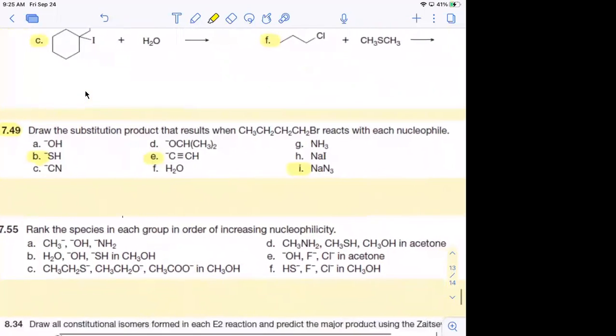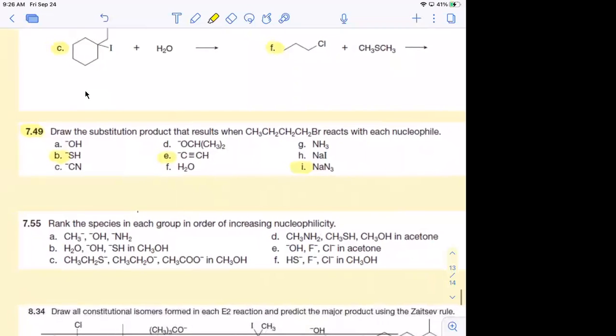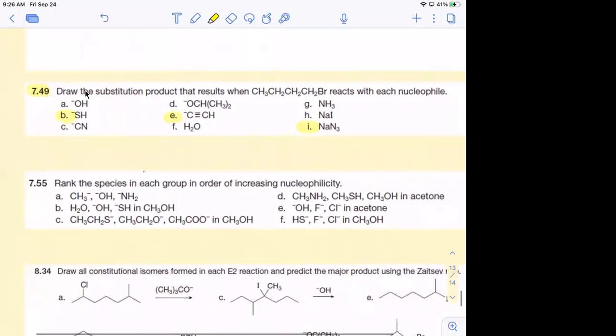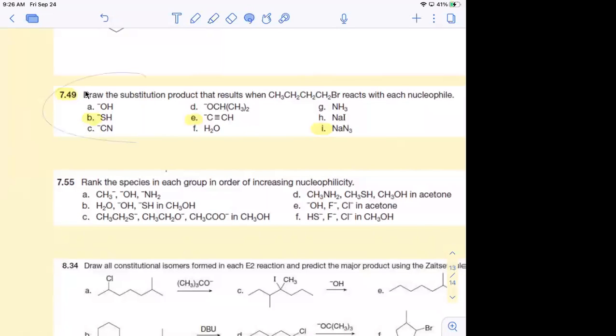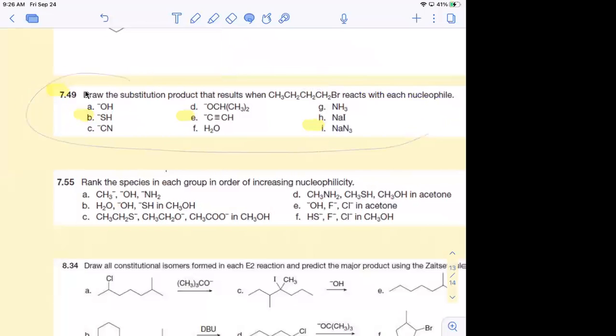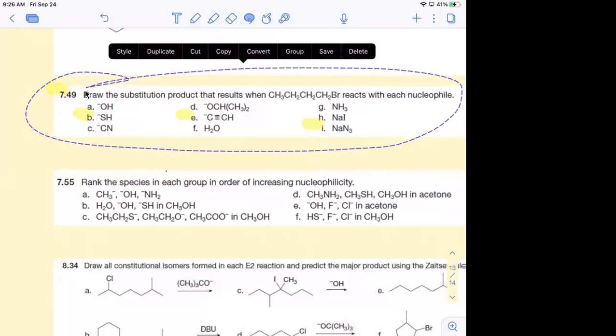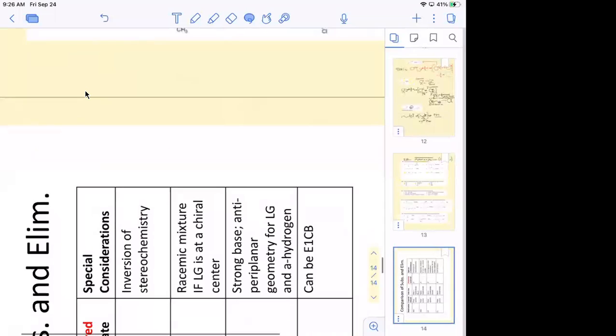So it says draw the substitution product that results when butyl bromide reacts with each nucleophile. So we can just draw that down here. Don't do that. It's gonna be a mess. I'll just put it here. Put another page in.